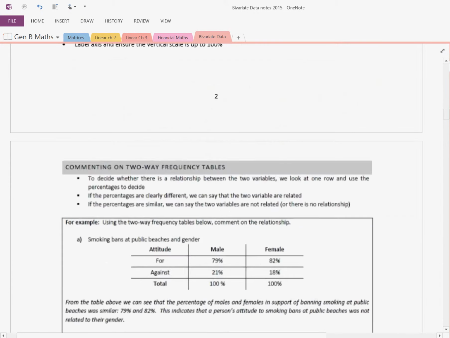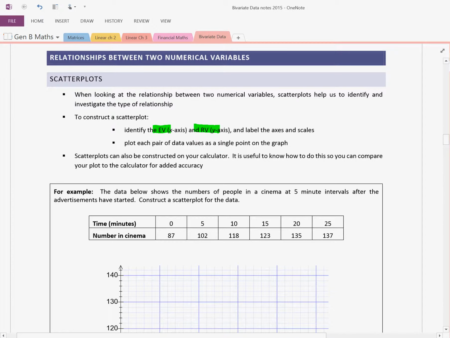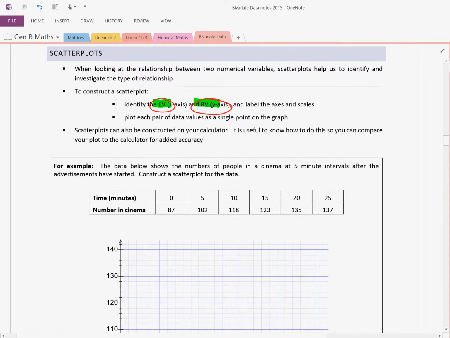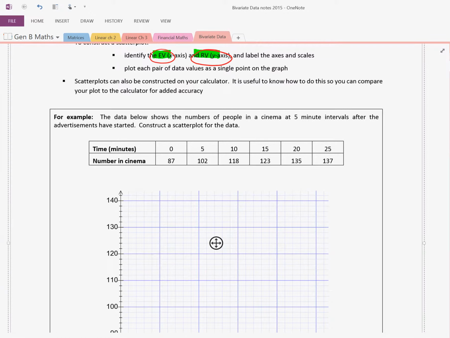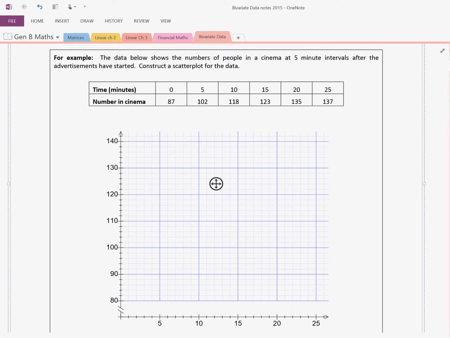So let's go back to where we are now, with the explanatory variable and the response variable, and label the axis. So let's do this example here. The data below shows the number of people in a cinema at 5-minute intervals. Construct a scatter plot. That's all we're doing in exercise 4A.